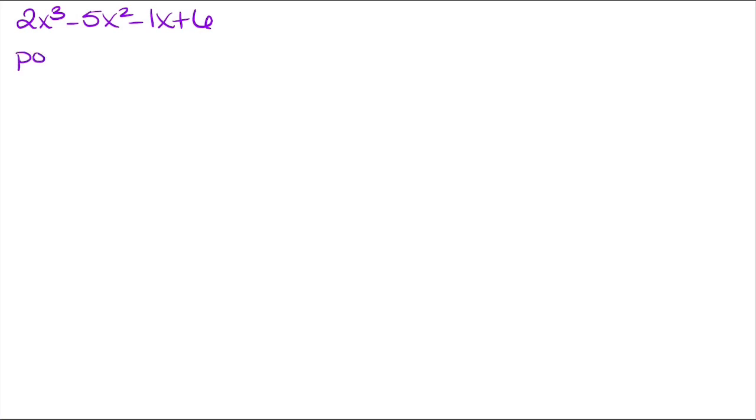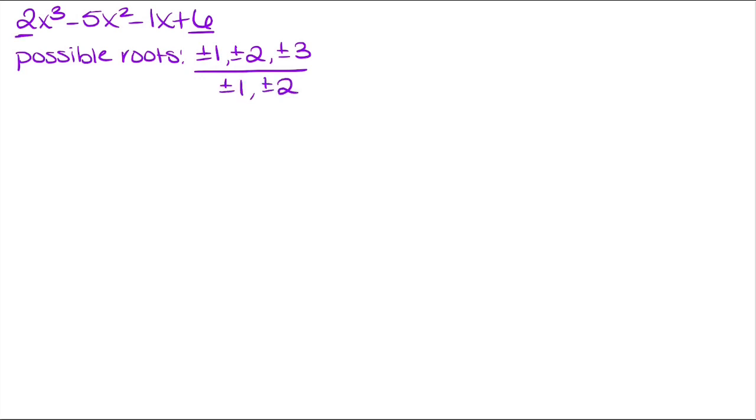So we're going to first figure out the possible roots. So remember, I'm going to look at the factors of the constant term. So I have plus or minus 1, plus or minus 2, and plus or minus 3. And then we look at the factors of the leading coefficient. So we have plus or minus 1 and plus or minus 2. So now let's form our fractions. So we have plus or minus 1 over 1, plus or minus 2 over 1, and plus or minus 3 over 1.